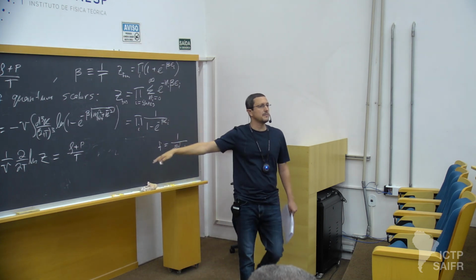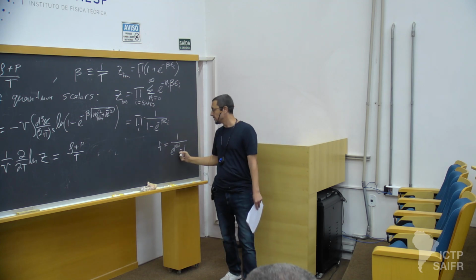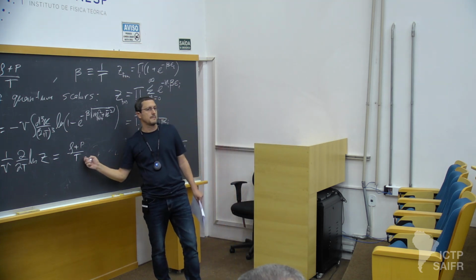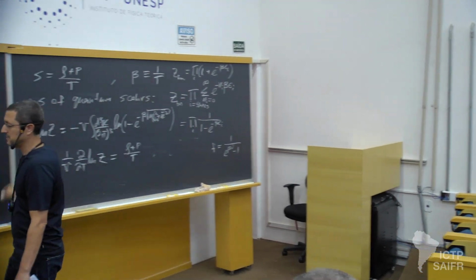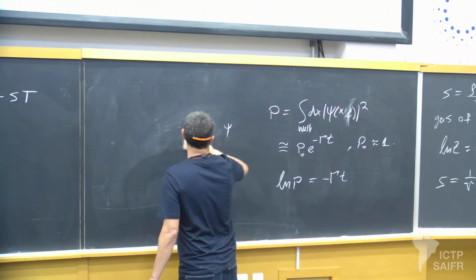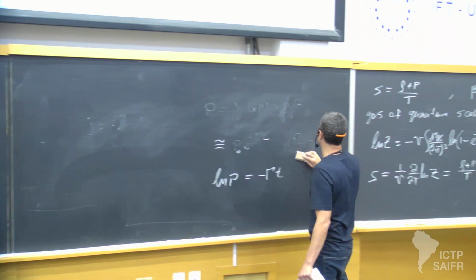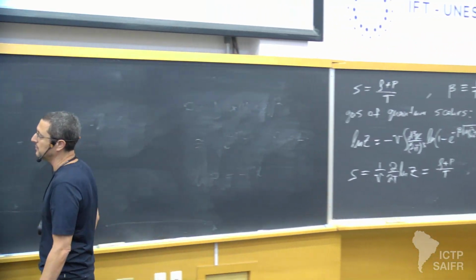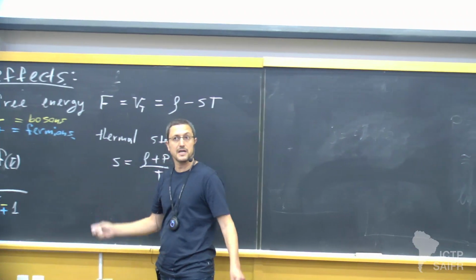Repeat exactly the same exercise with the same definitions, but with the plus in the distribution function, and you're going to get the same result. So that's homework. So there is no magic here. We are honestly and literally calculating the free energy of this gas of free particles.